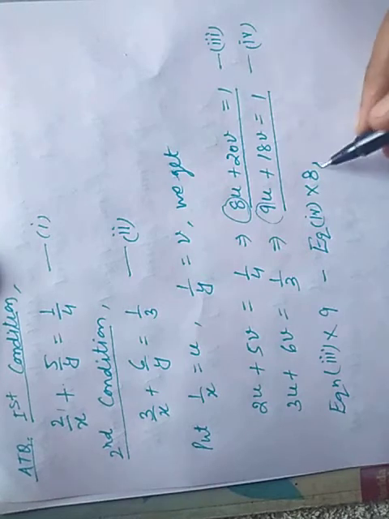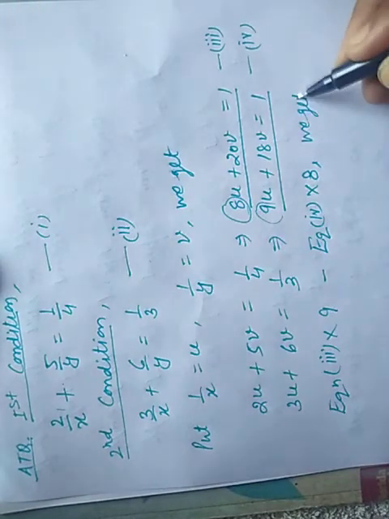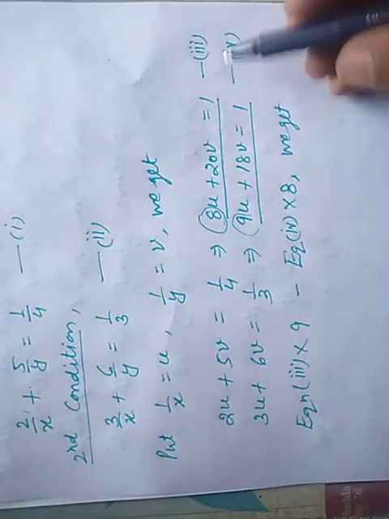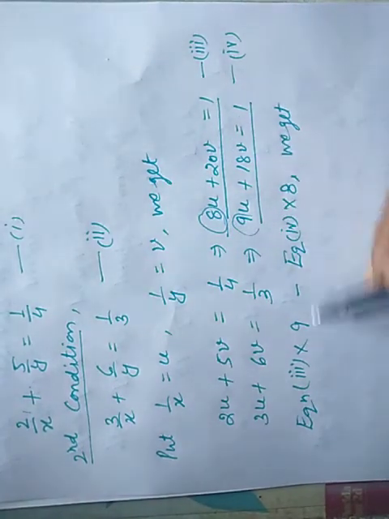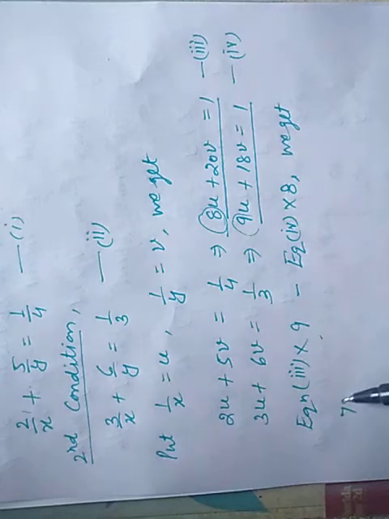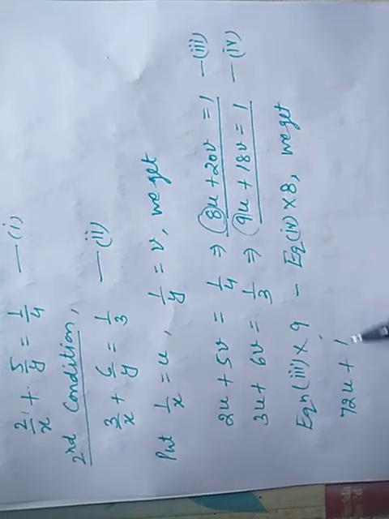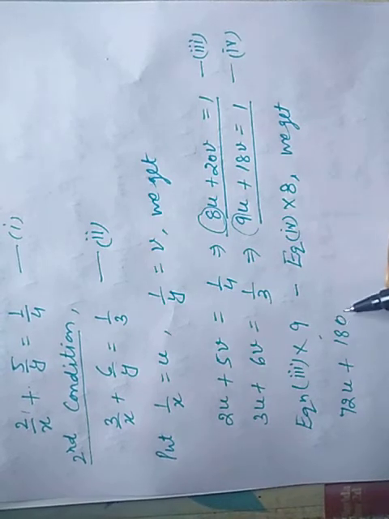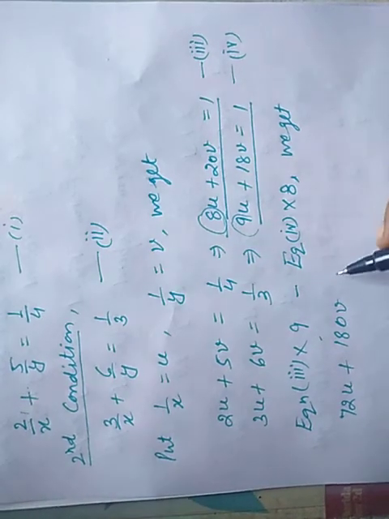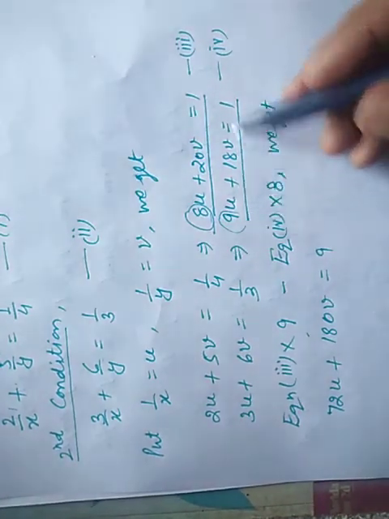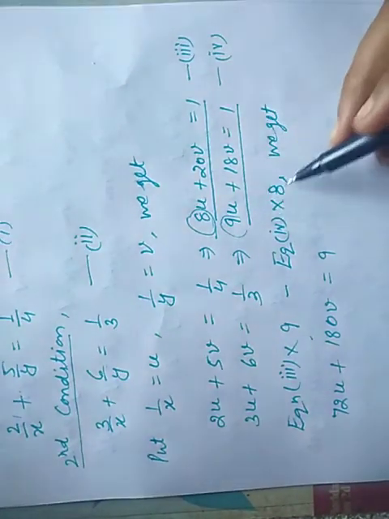Okay, and we get equation third, we have to multiply the whole equation by 9. So 9 8s are 72u plus 20 into 9 will be 180v is equal to 9, and here we have to multiply equation 4 whole by 8.